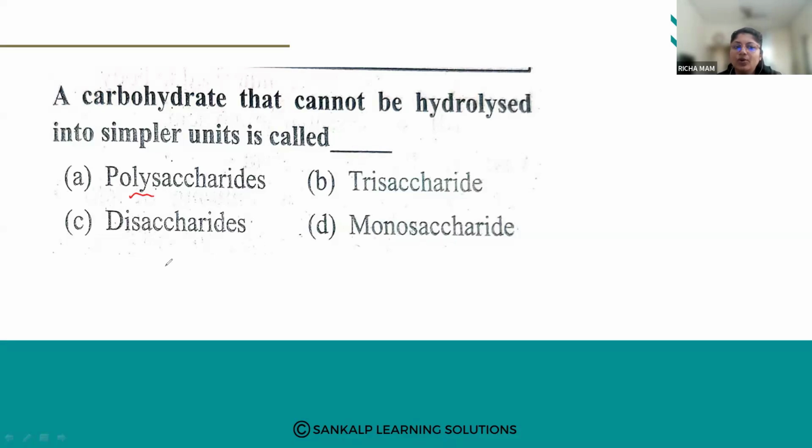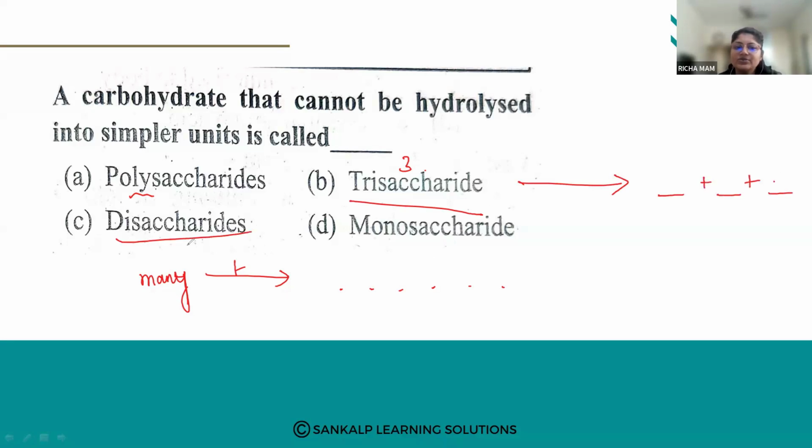Poly means many, so when your carbohydrate is made up of many monosaccharide units, on hydrolysis it will split into each monosaccharide unit. Trisaccharide is made up of three, so it will split into three monosaccharide units. Disaccharide is made up of two, so it will split into two monosaccharide units.